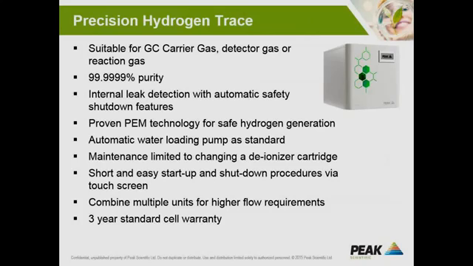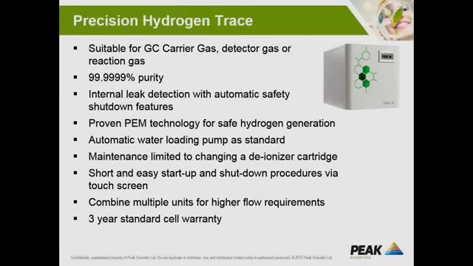Right, so now I'll just give you a quick overview of the precision hydrogen trace generator. This is a gas generator that produces hydrogen on demand, which is suitable for carrier gas, detector gas, or reaction gas, depending on the application that you need to supply. This system produces hydrogen at 6 nines purity.